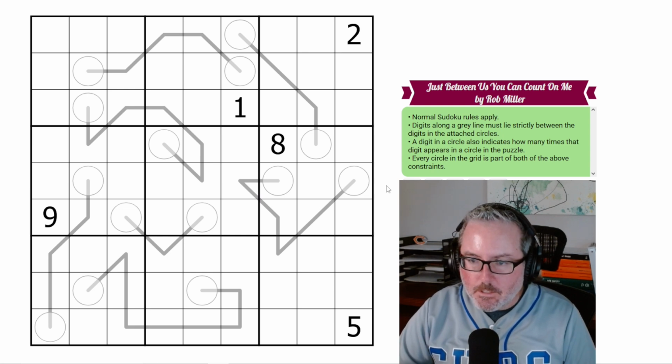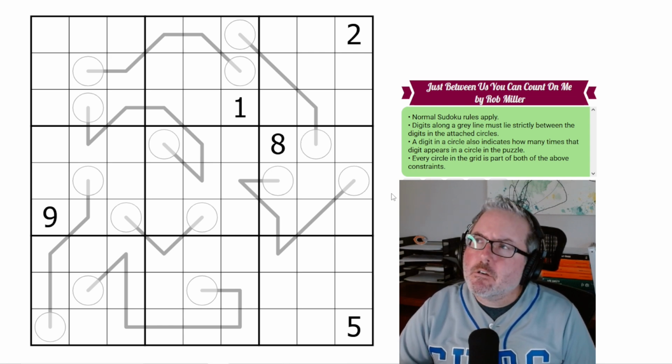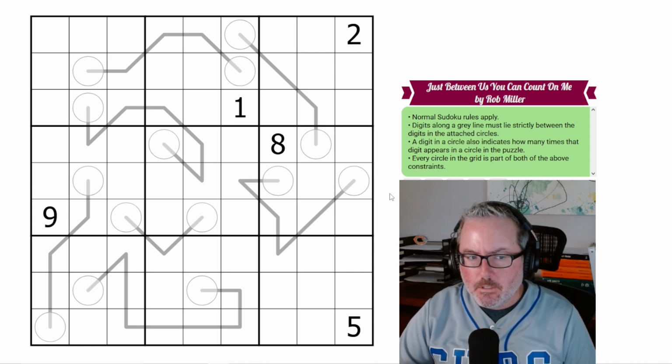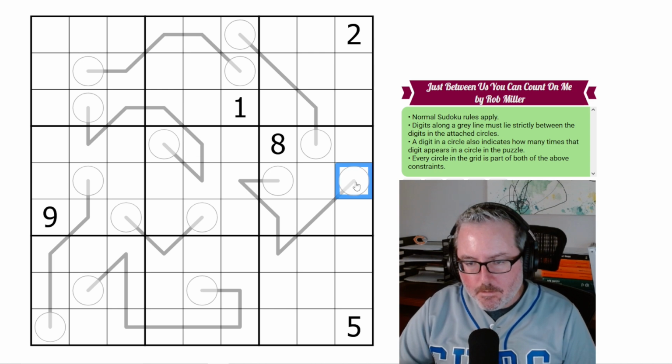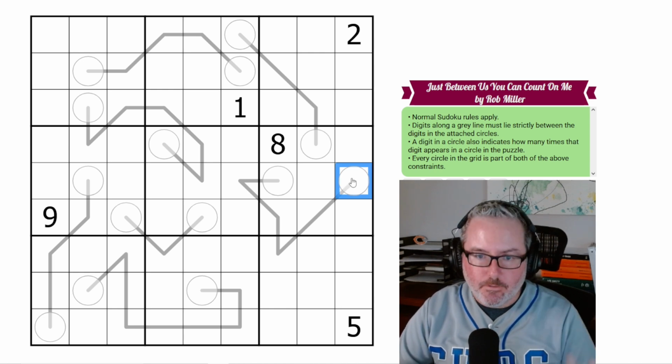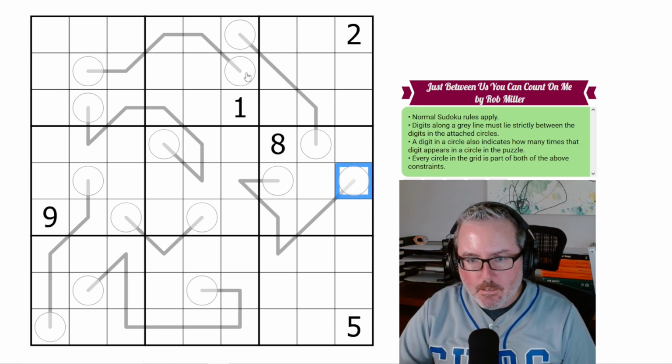Now, a digit in a circle also indicates how many times that digit appears in a circle in the puzzle. And I don't recall if this particular rule set has a name to it. But essentially what it's saying is if this digit happened to be a 3 for some reason, then we'd have to have 3s in 3 of our circles.